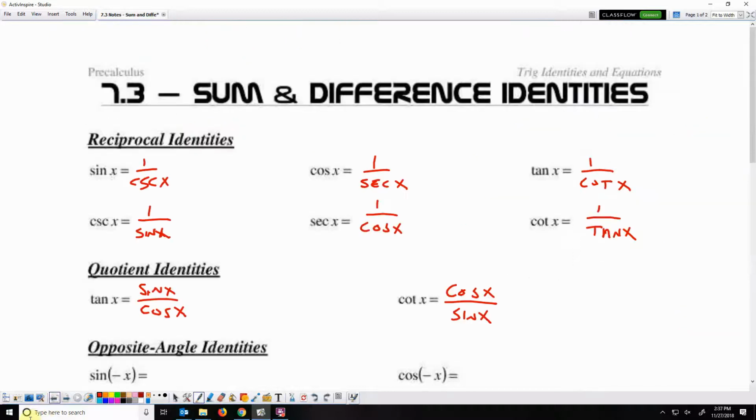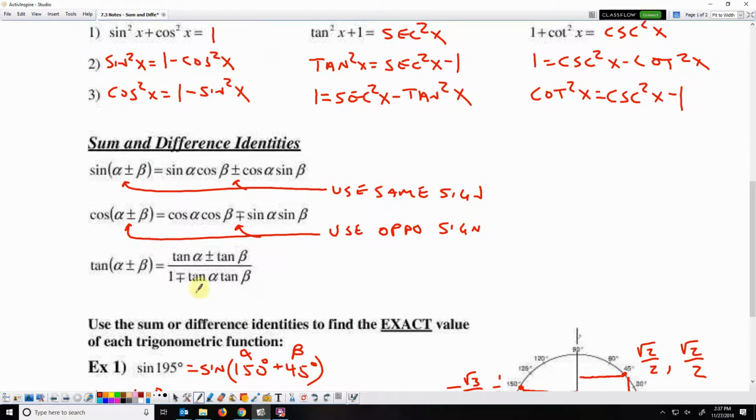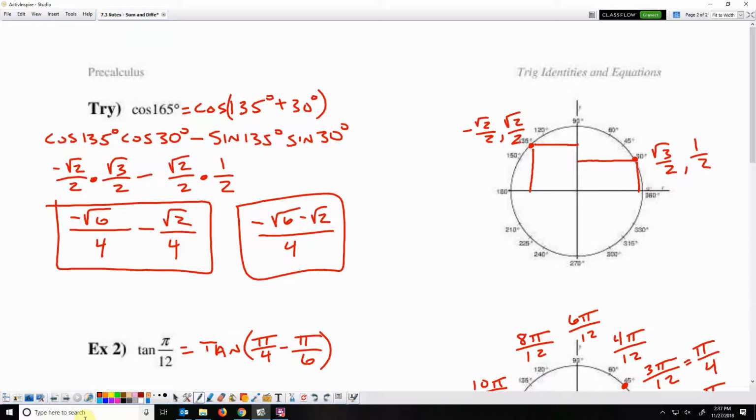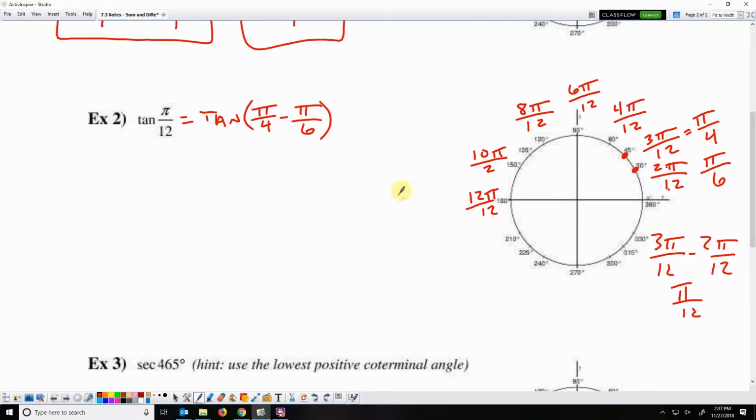So the tangent sum or difference identity is tan alpha plus or minus tan beta, which means use the same sign, over 1 minus or plus tan alpha tan beta. So I've got a minus, which means in the top I'm going to keep a minus, because plus or minus means keep the same sign.